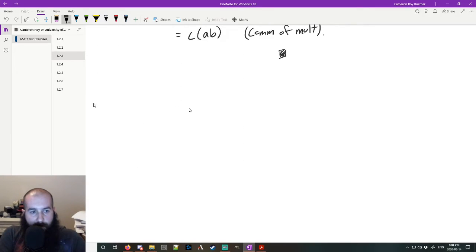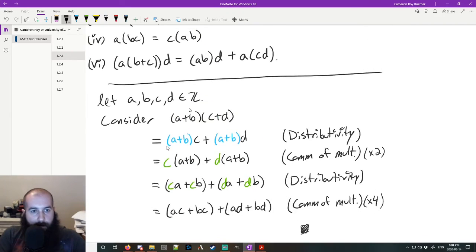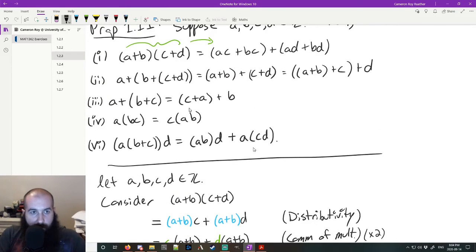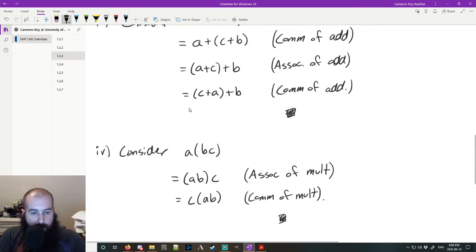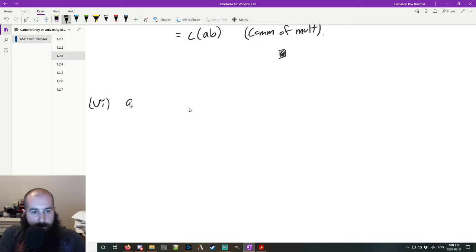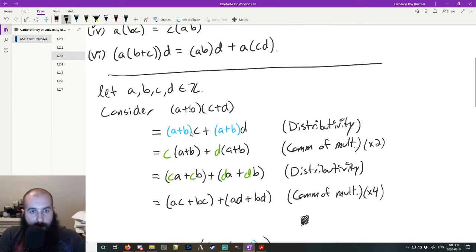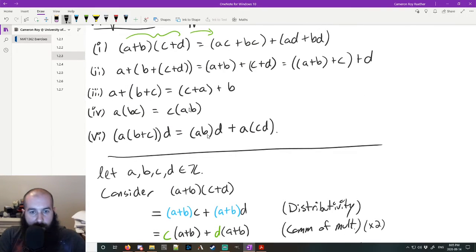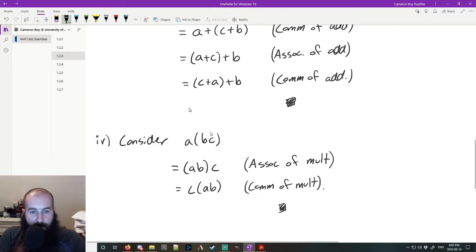Lastly, we have part 6 to do, which is this expression here. So we have A times, I'm just going to write this one out so I don't keep scrolling, A times (B plus C) times D is equal to AB times D plus A times CD.